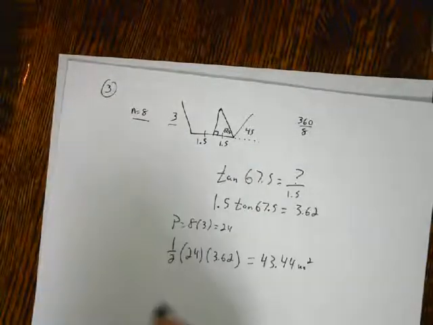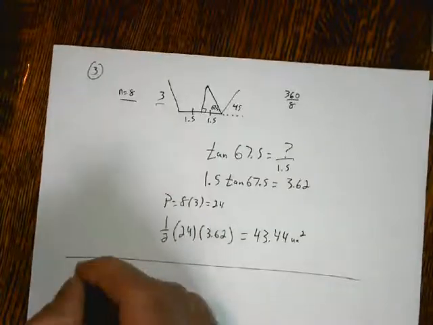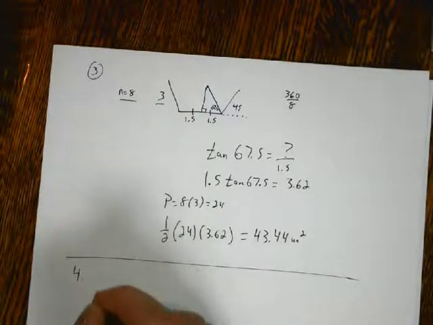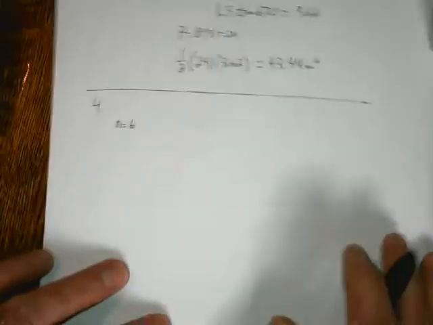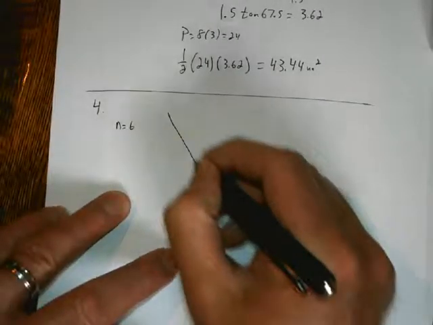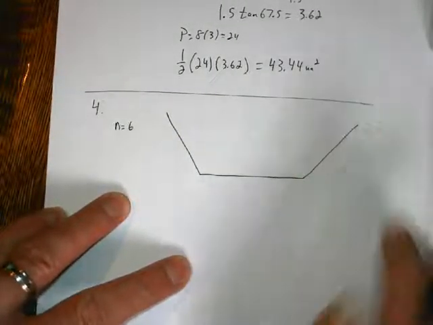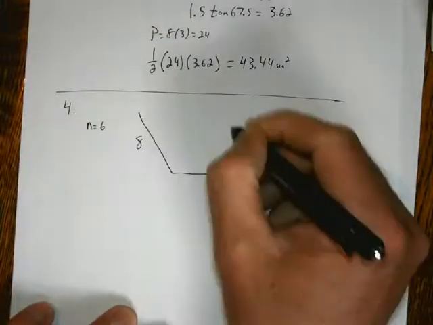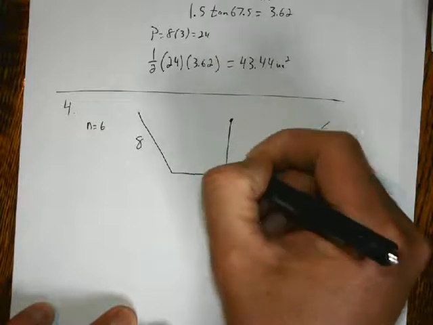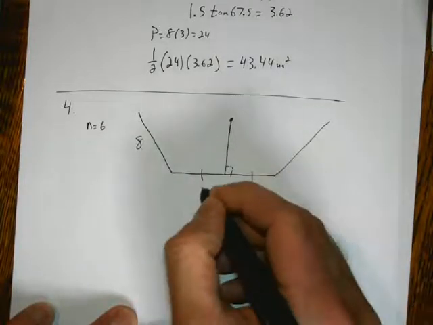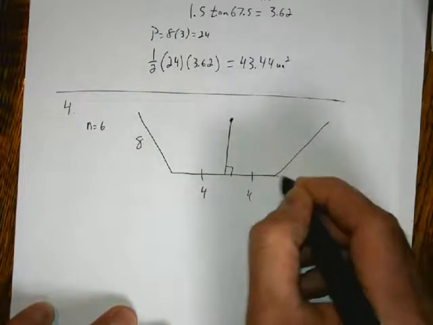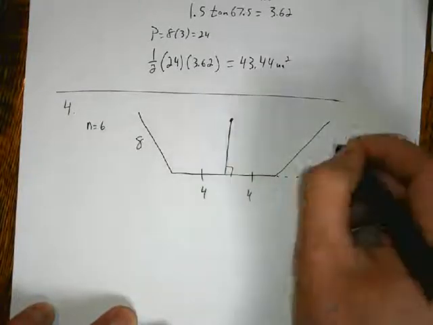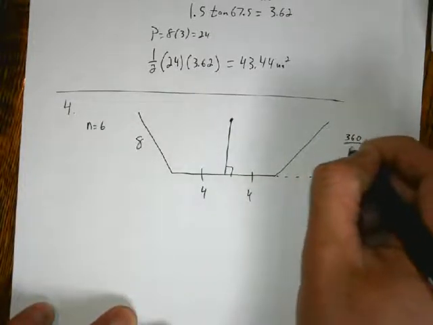Then lastly, number 4 was a hexagon. It's 6 sides. Should probably draw that a little bit bigger for you. Hexagon, 6 sides. Each side was 8. We know the apothem comes in, perpendicular bisector, makes each of these 4. On the outside, we take 360, divide that by 6.